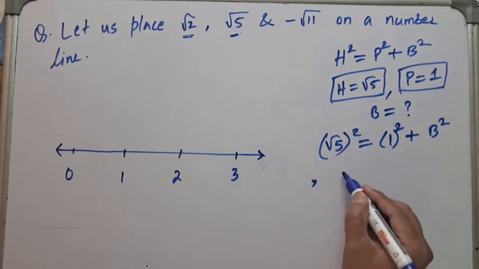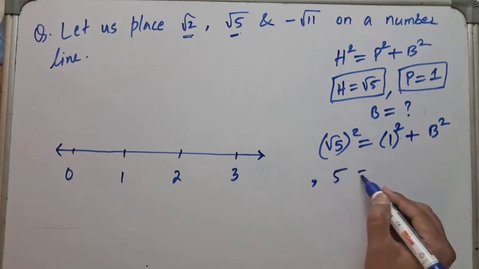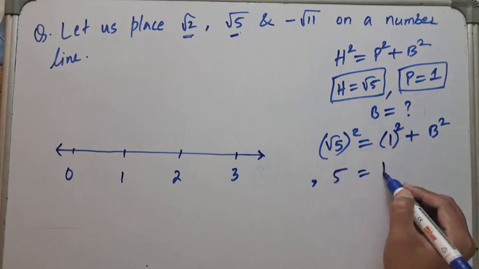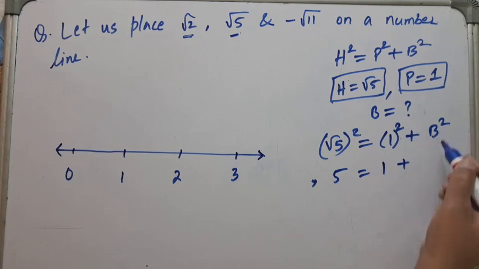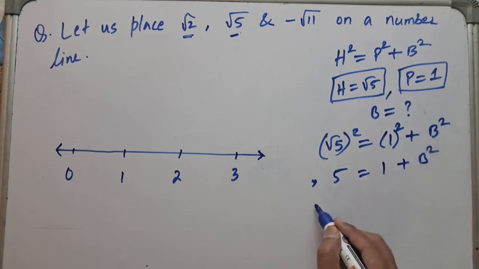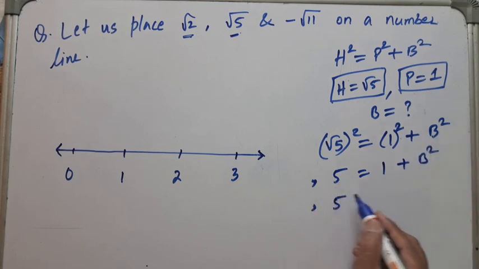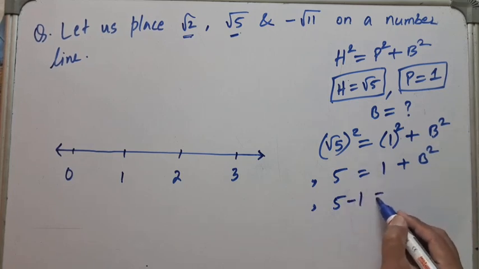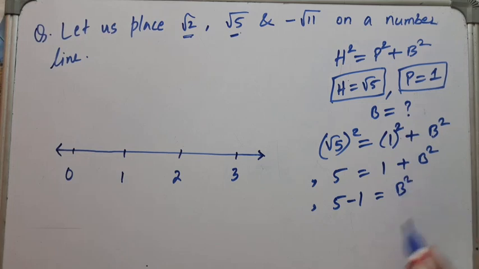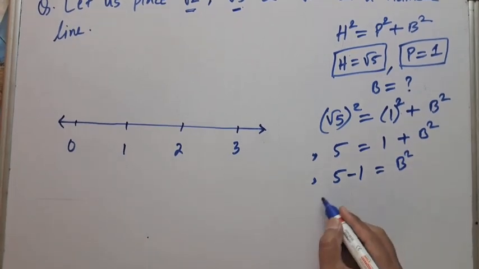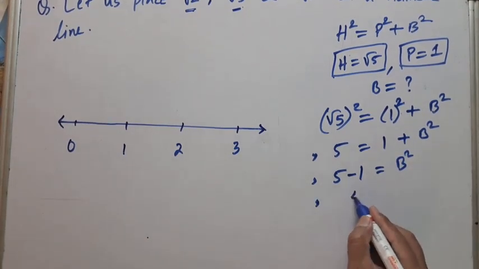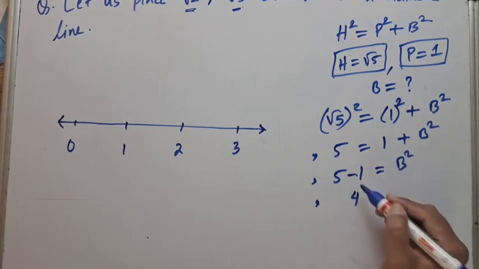Root 5 square is 5, equal to 1 square, which is 1, plus b square. We bring this plus 1 to the left hand side, it becomes minus 1, equal to b square. 5 minus 1 is 4.